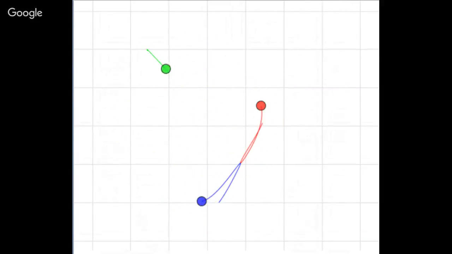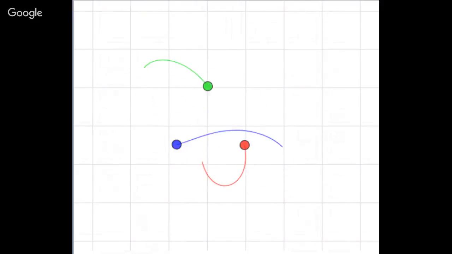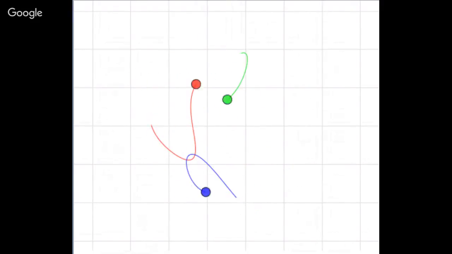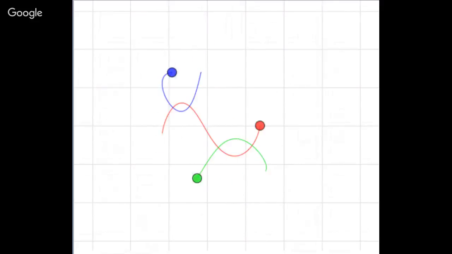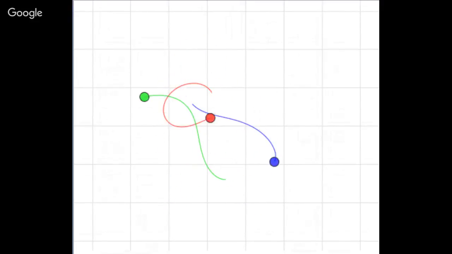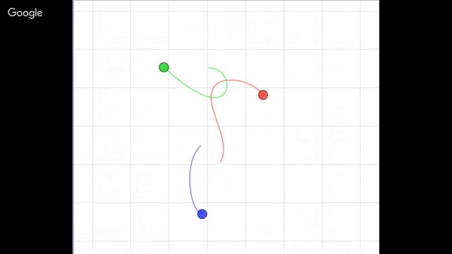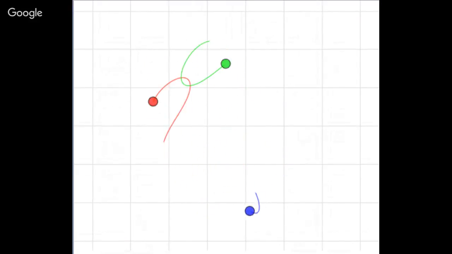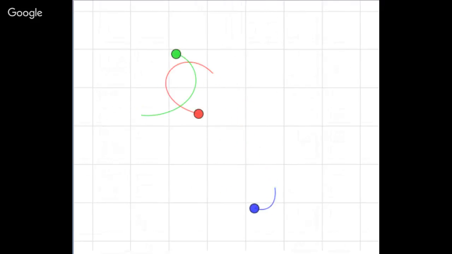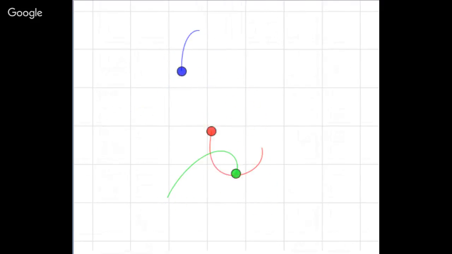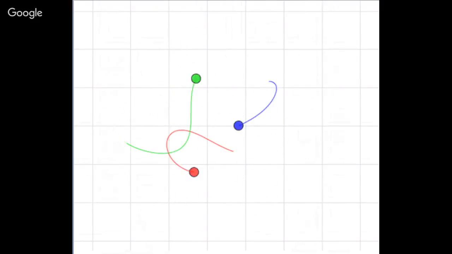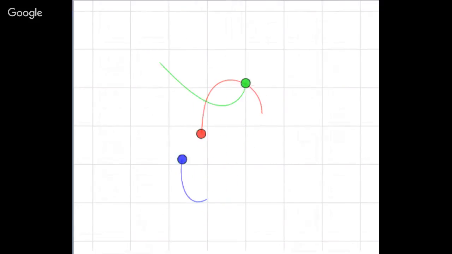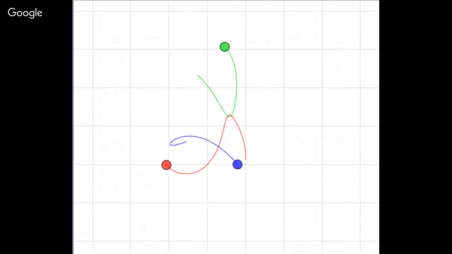It still seems to be an open question whether or not there is a solution, the solution being a stable orbit of three bodies. The interesting thing is that intuitively we should be able to find a solution, because there's the many-body solution of our solar system.